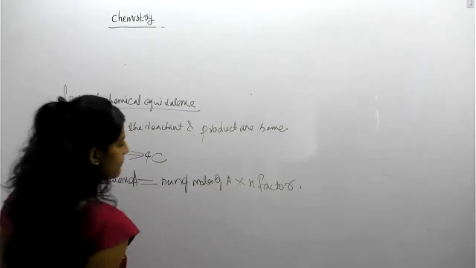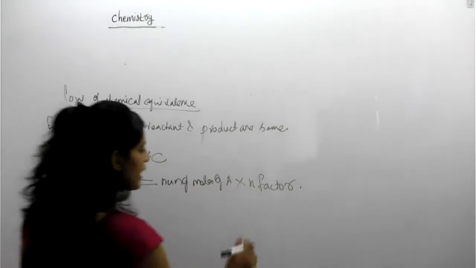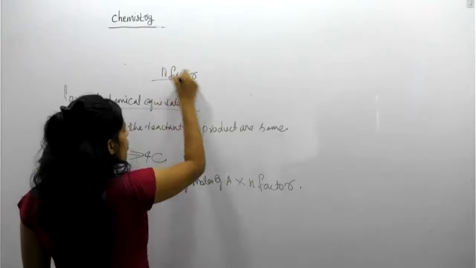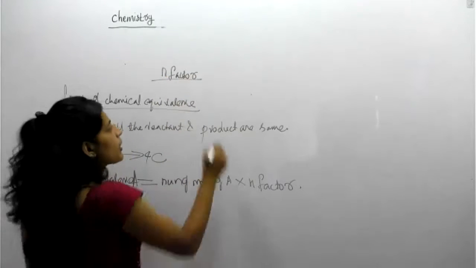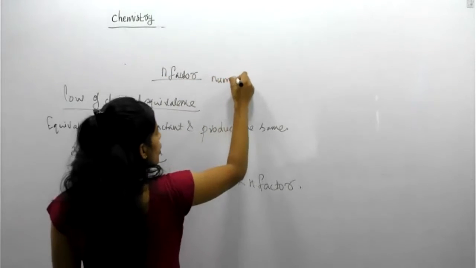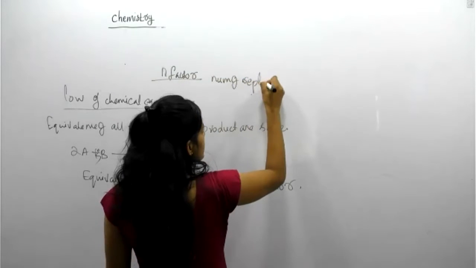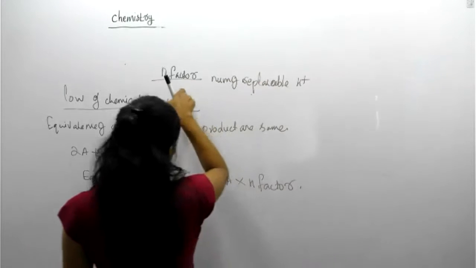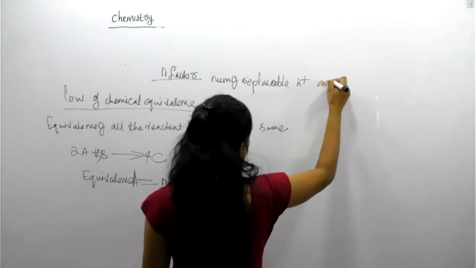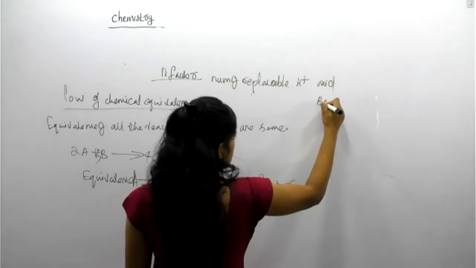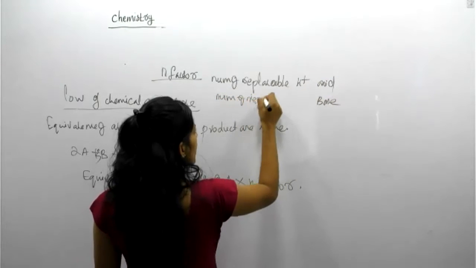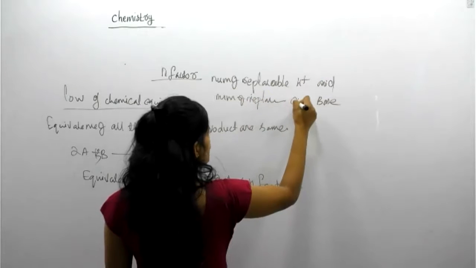Then n factor: in the case of an acid, the number of replaceable H plus is called the n factor. In the case of a base, it is the number of replaceable OH minus.